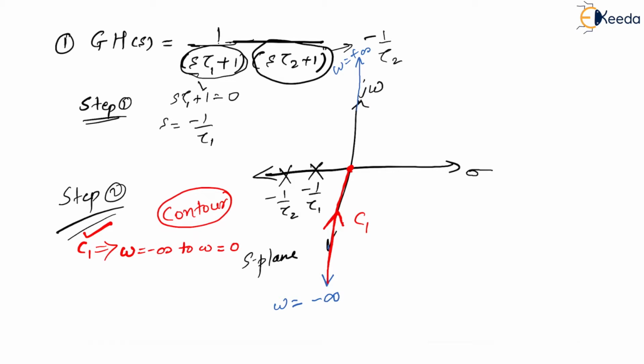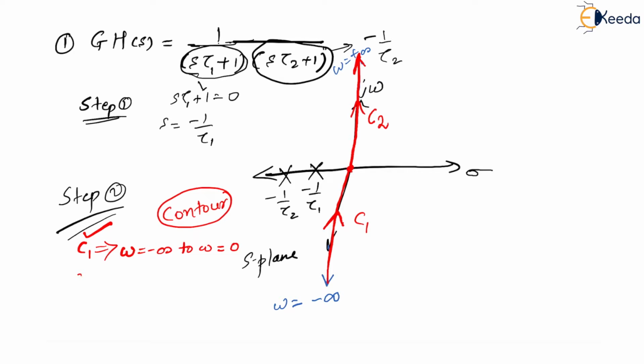Now let me start moving from this 0 to positive infinity. What do I get then? This particular contour, let me call it C2, heading up to infinity.